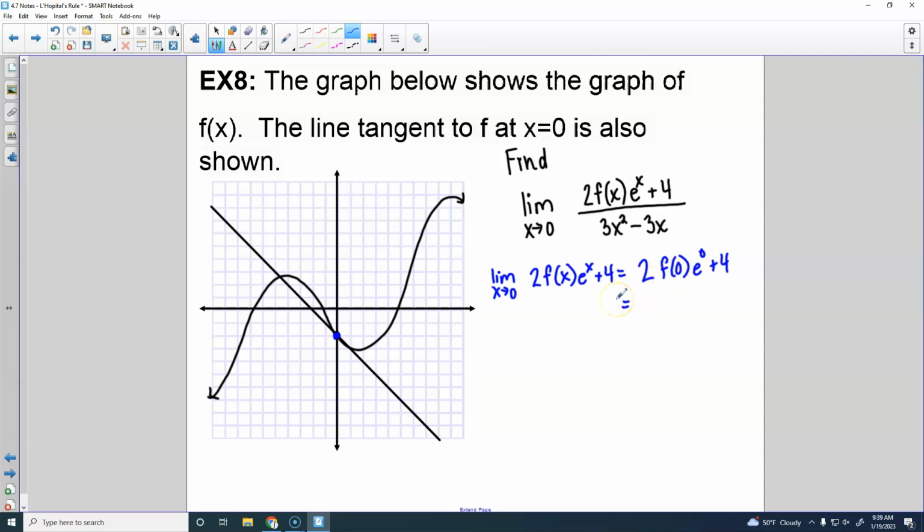What is f of 0? Negative 2. So it's 2 times negative 2. What's e to the 0? 1.